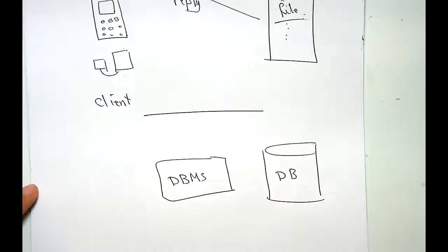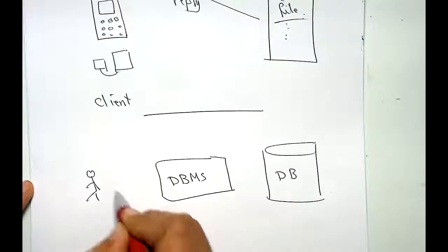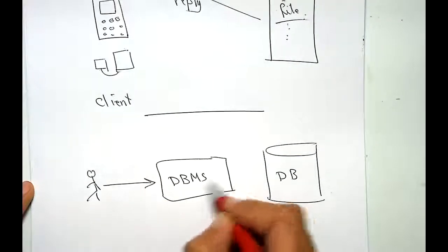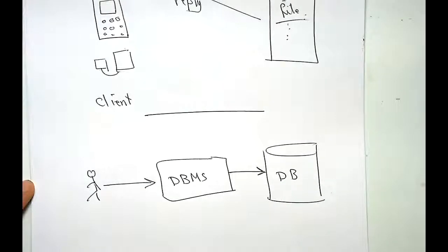So you as a user, you cannot access the DB directly. You as a user should access the DBMS, and the DBMS will decide what you as a user can see. Okay? So imagine if there is no DBMS, all the gradebook on iLearn, which is saved on a database, will be available for anybody to access and do whatever you want.